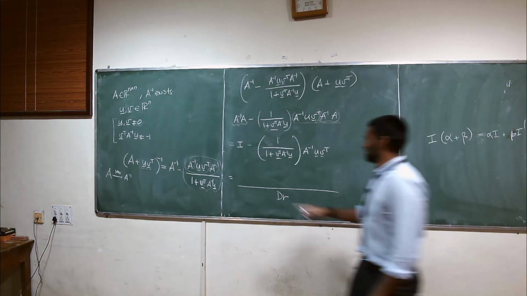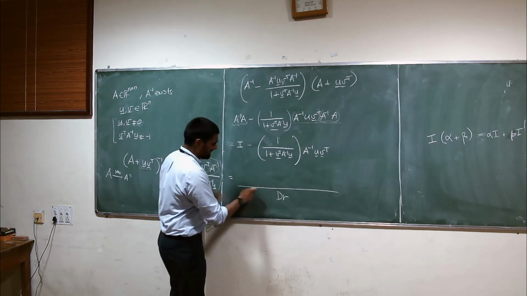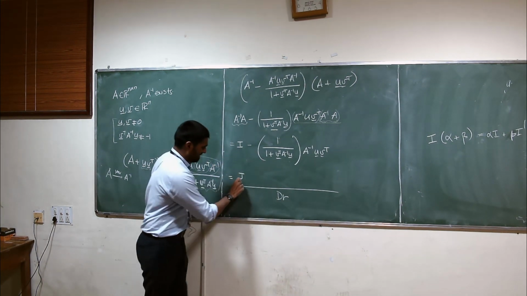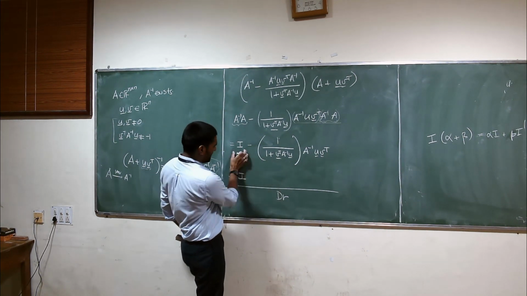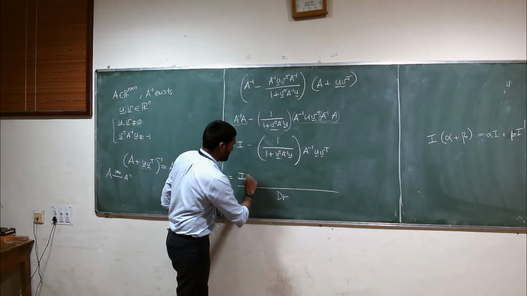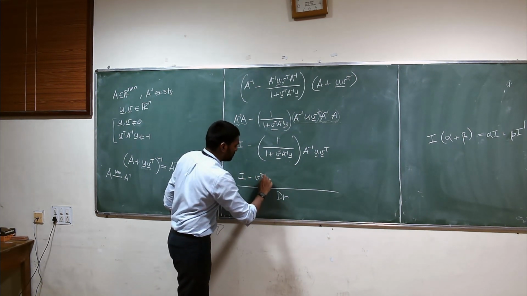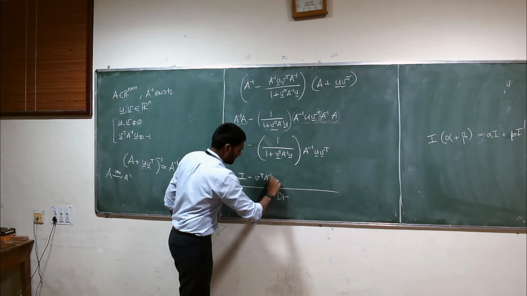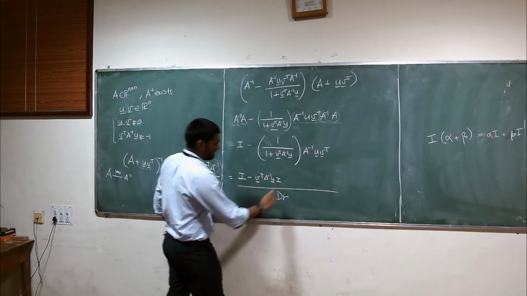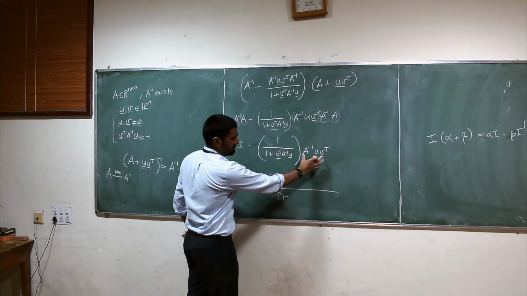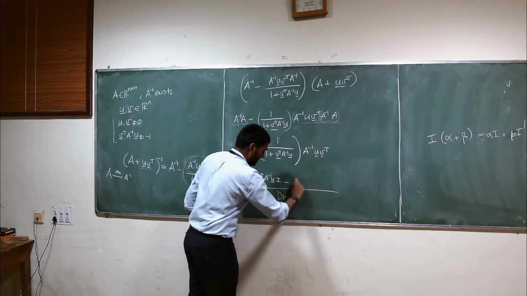So this will be 1 times I, this I, and then this scalar multiplied by I. So that will be V transpose A inverse U multiplied by I, minus this term.